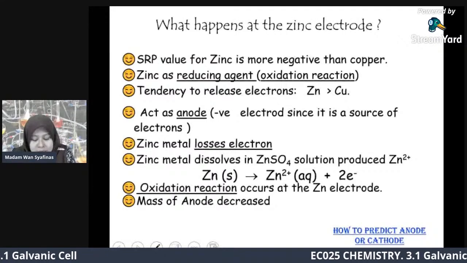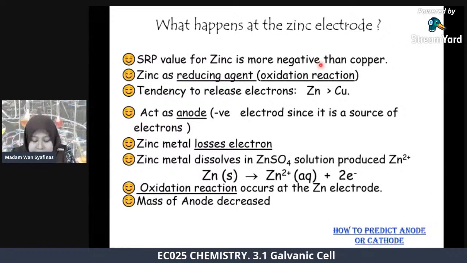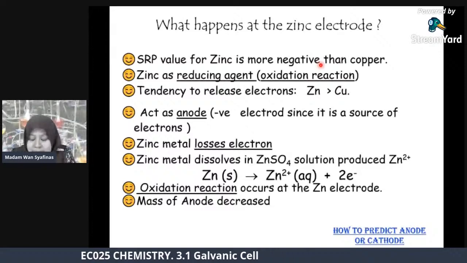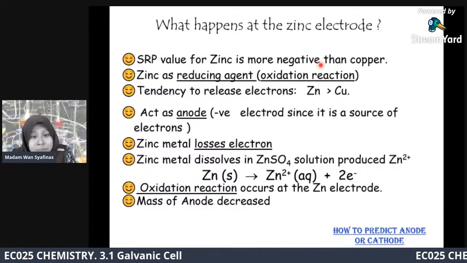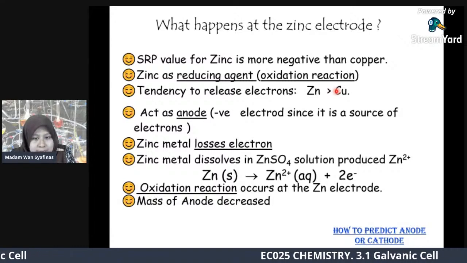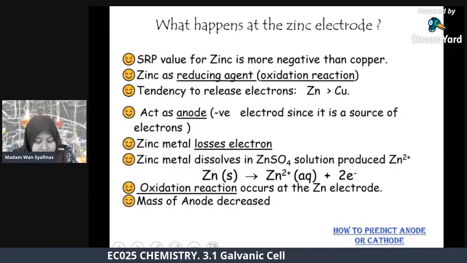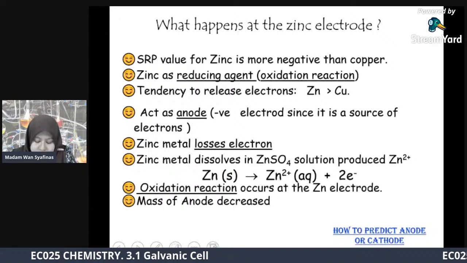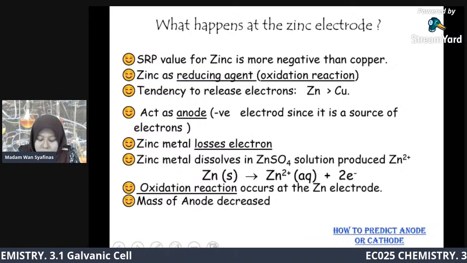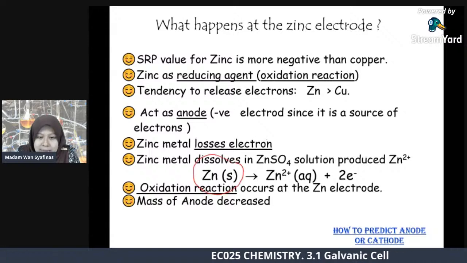So reducing agent will undergo oxidation reaction. So the tendency to release electron for zinc is higher compared to copper. So it will act as anode, the negative electrode, since it is a source of electron. Okay, so zinc metal will lose electron. So when zinc metal loses the electron, it will produce zinc 2+ ion.